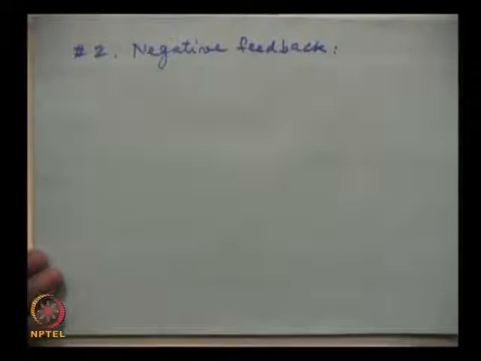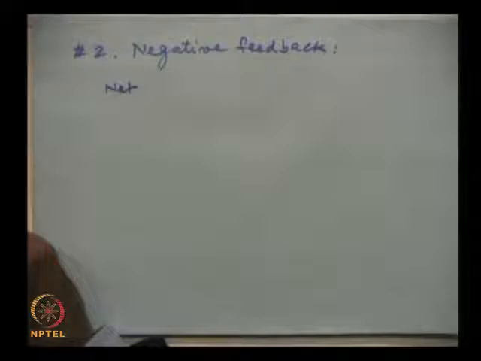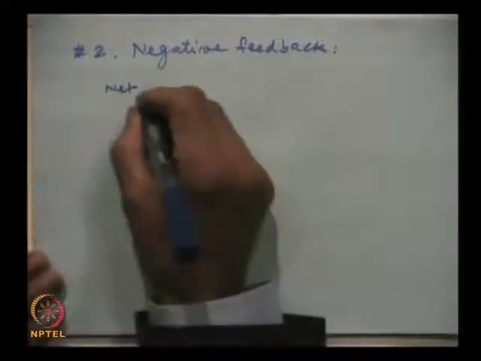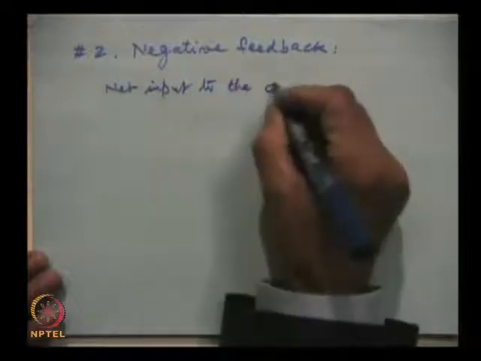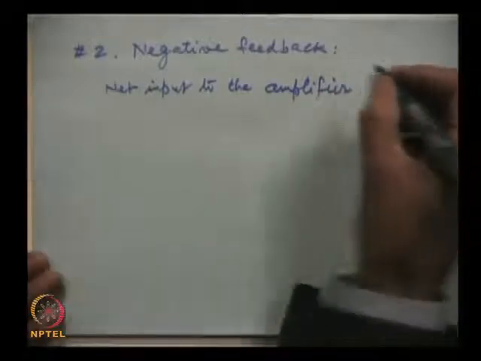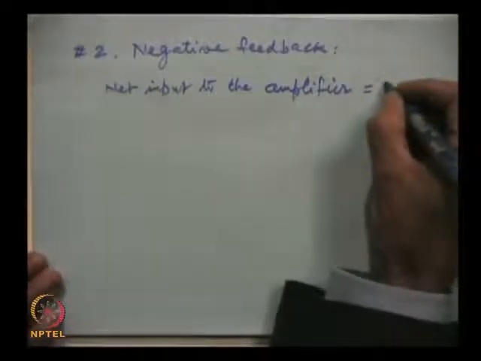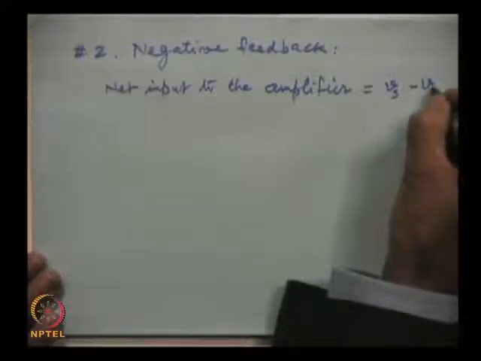In negative feedback, we return the signal which has phase opposite to the input signal Vs. So, the net input to the amplifier is Vs minus Vf.